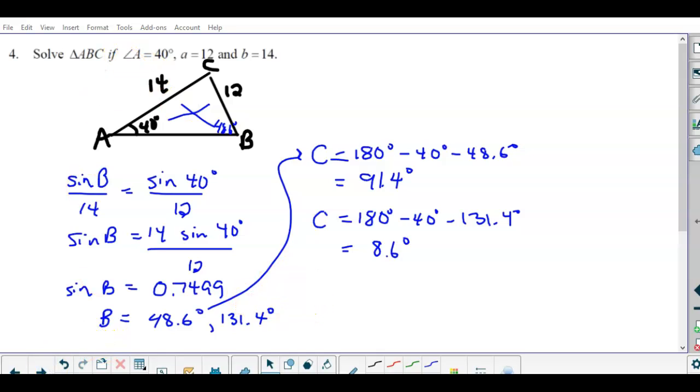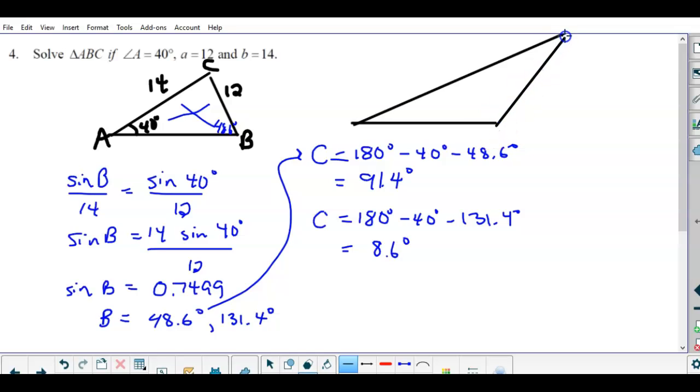In terms of what that triangle would look like, so here we have our 40, but now our B is really big, right? So it'd be maybe going like that and like this. Excuse me.